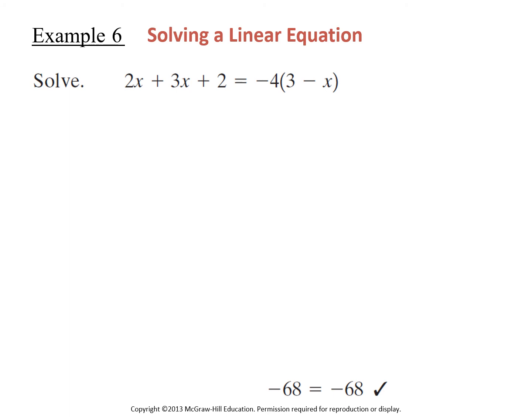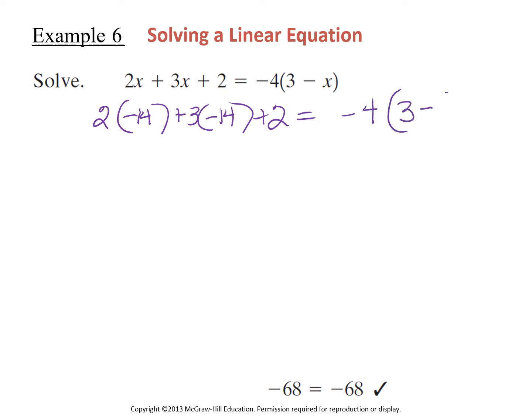When I check this one, I end up with negative 68 equals negative 68. So I'm going to do 2 times my solution, negative 14, plus 3 times negative 14, plus 2. And on the right, negative 4 times 3 minus negative 14.